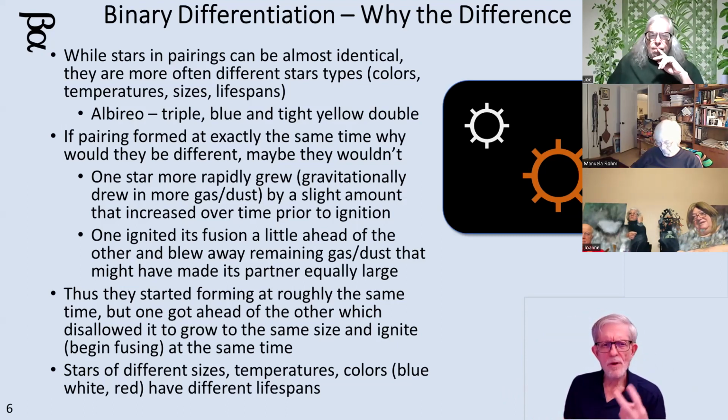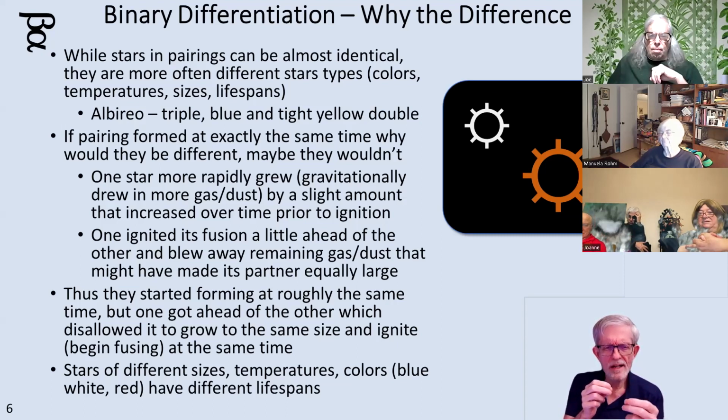If you have a binary pairing of stars and they were formed at roughly the same time, how come they're not the same type, the same color? It's because of differentiation, just a small variance that allows one of the stars to get more massive quickly than the other star.